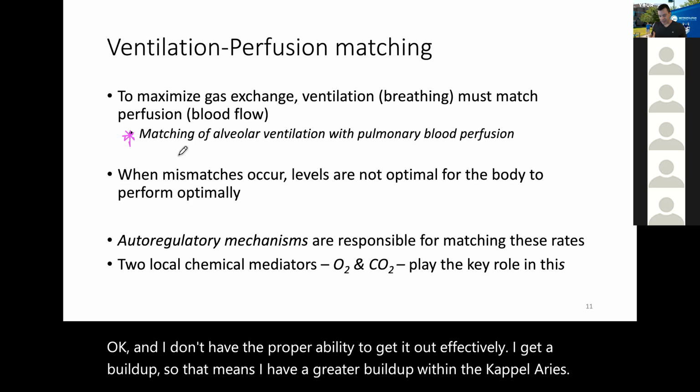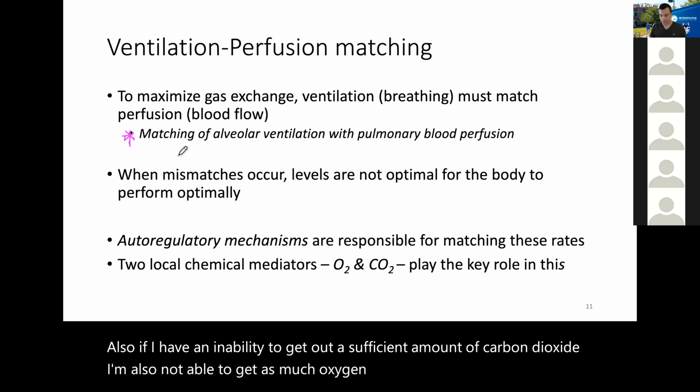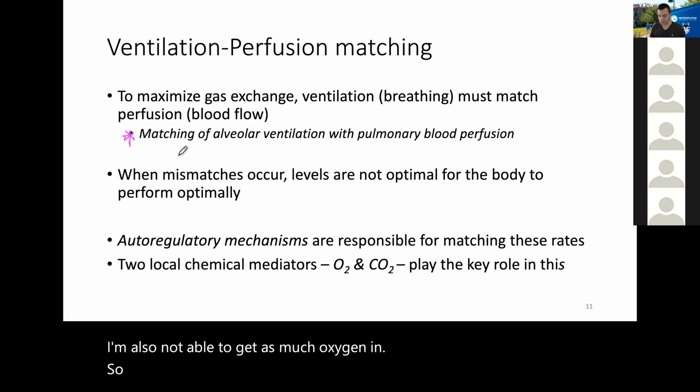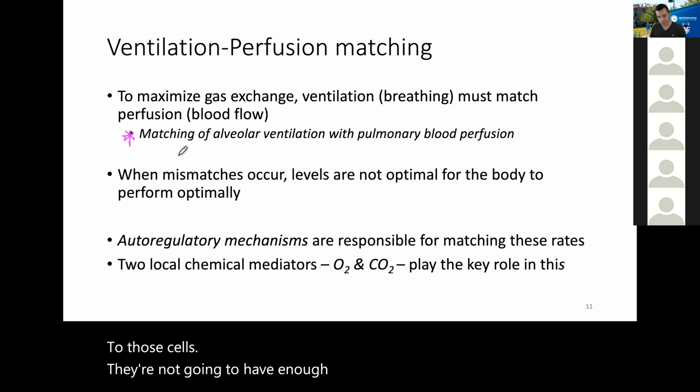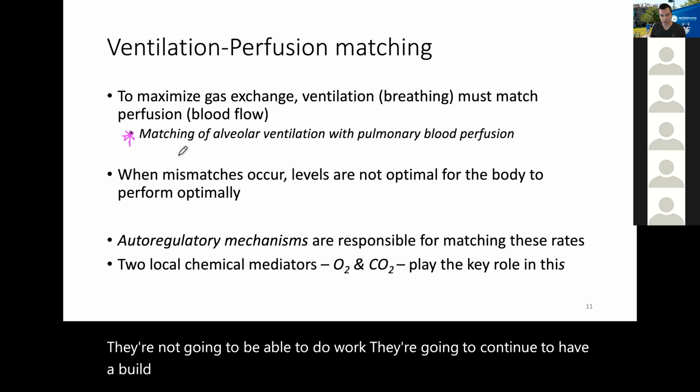Also, if I have an inability to get out a sufficient amount of carbon dioxide, I'm also not able to get as much oxygen in. So what is this going to do to those cells? They're not going to have enough oxygen available. They're not going to be able to do work. They're going to continue to have a buildup of hydrogen ions and carbon dioxide.